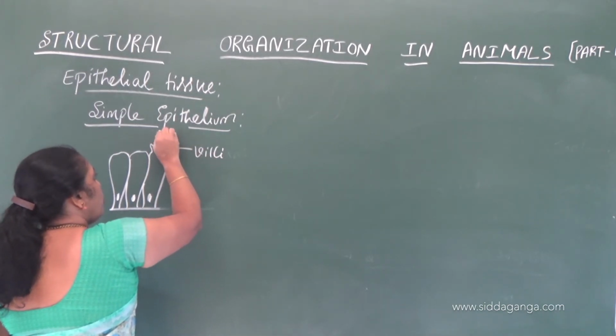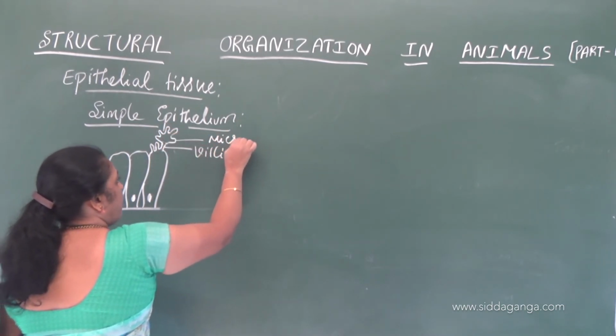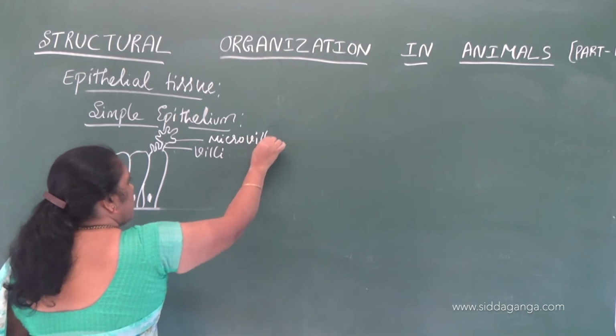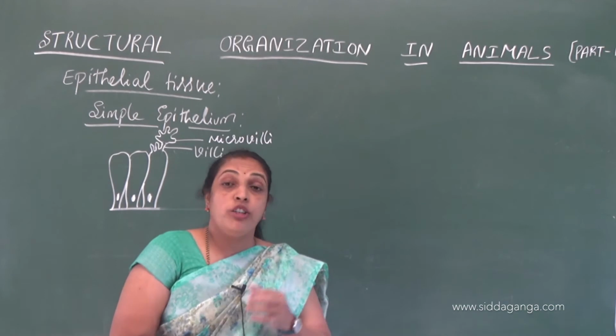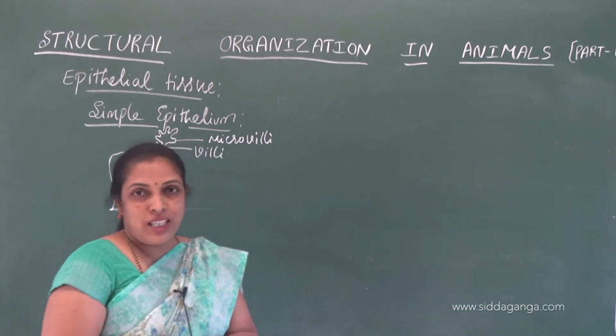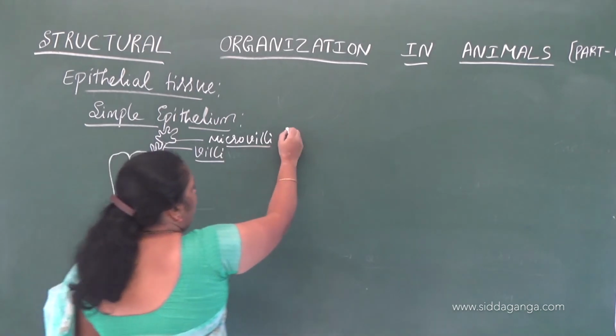Again, when the villi have further projections, they are called microvilli.